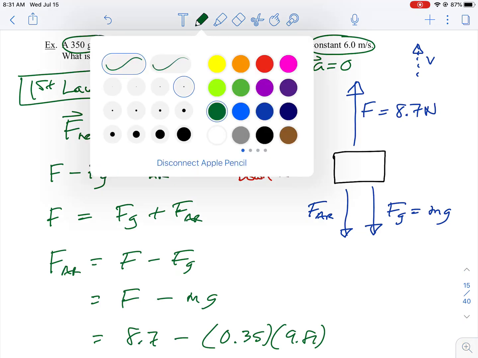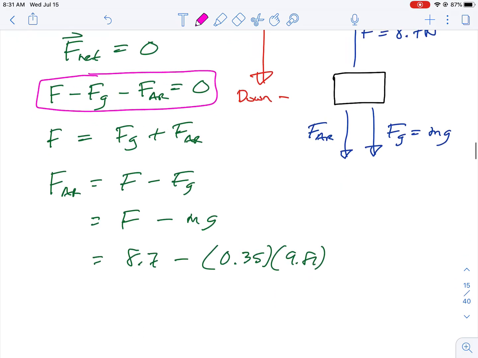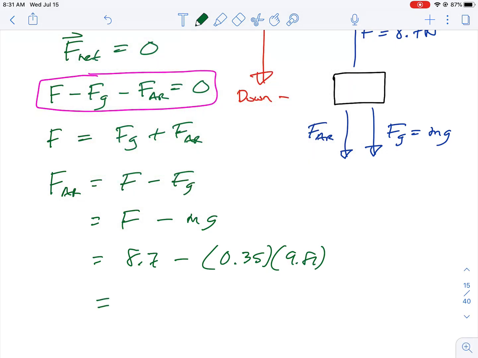If I go back up, in this line right here, the negatives have already been shown. Don't do it again. So now we can finish it up. So we get about 5.3 newtons.